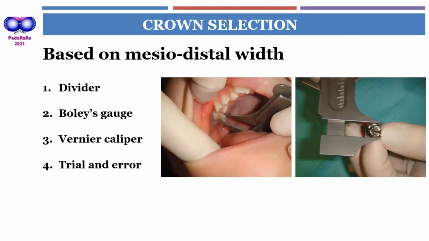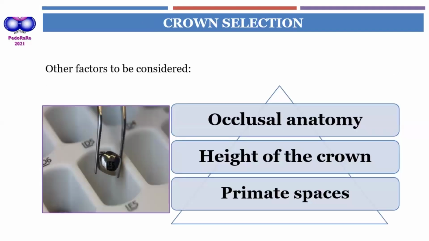My personal opinion is that if you are planning to use E4, then always have E3 and E5 with you. Sometimes if there is a deviation, you are ready with these three crowns. They should be there in the operatory so that if one size is off, you can use another. So always make it a point that all three crowns are available in the practice.